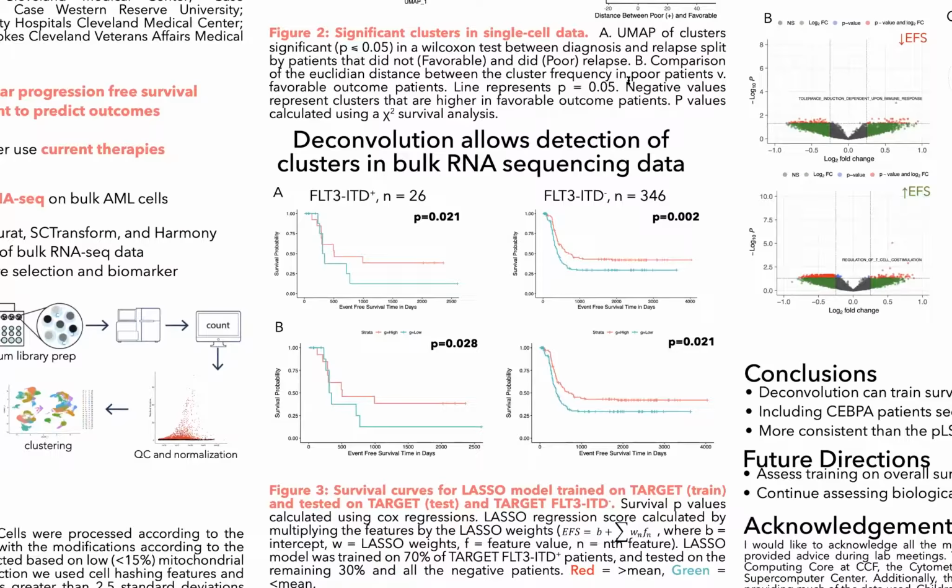So taking these clusters that we're finding and trying to figure out how much they impact survival using existing bulk data, we took the single cell clusters that we got earlier, deconvoluted them, and trained a lasso regression model on a split training and test cohort of FLT3-ITD AML.